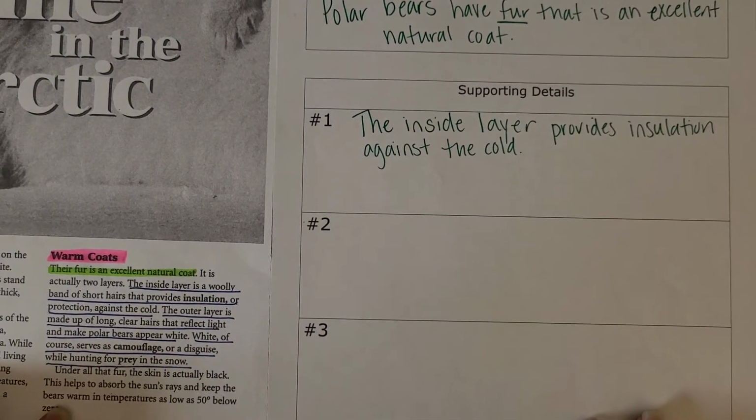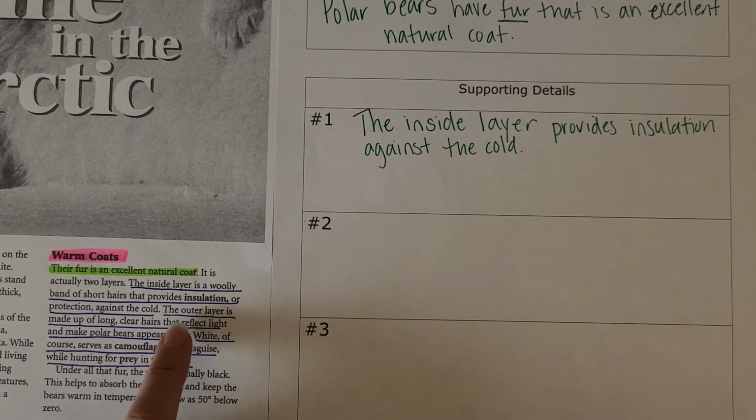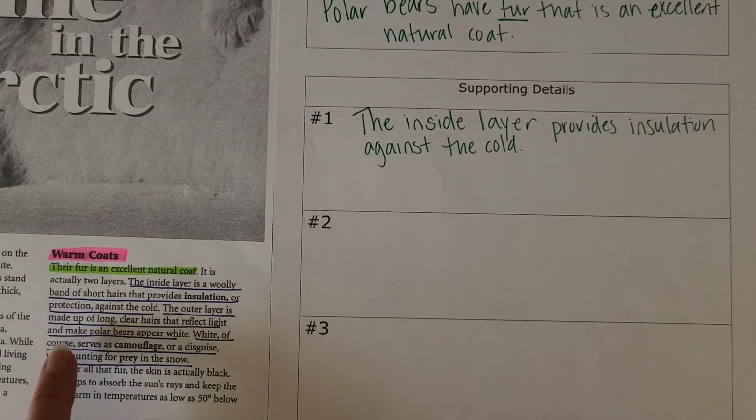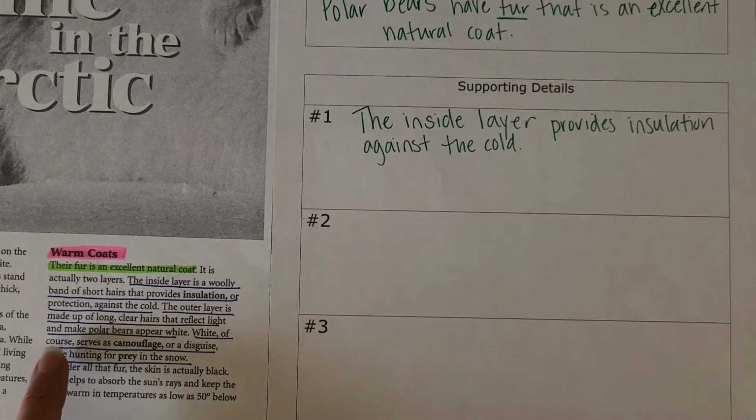Okay, let's look at the second sentence. The second sentence that we underlined was the outer layer is made up of long, clear hairs that reflect light and make polar bears appear white. So I know that the outer layer helps reflect light that makes the polar bear look white. So that's what I'm going to write.